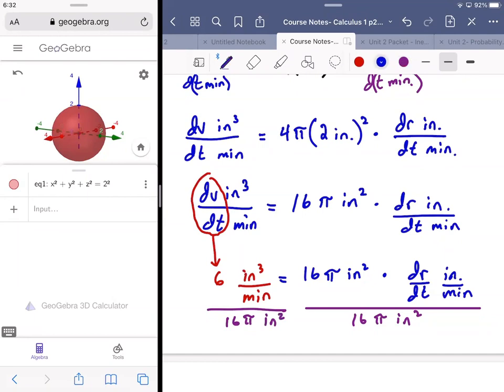Inches squared divided into inches cubed gives a result of inches. So 6 over 16 gives 3 over 8. So 3 over 8 pi. The units themselves actually simplify down to inches per minute. And on the right-hand side, this cancels, dr dt, inches per minute.